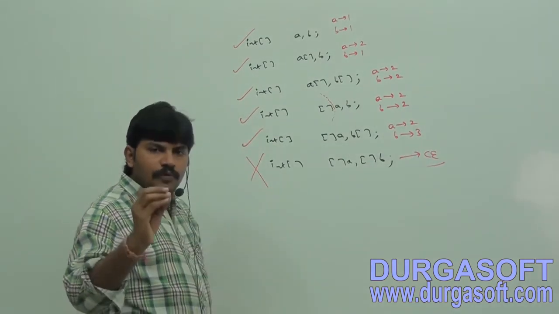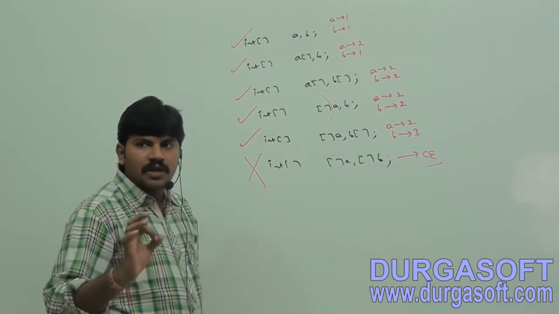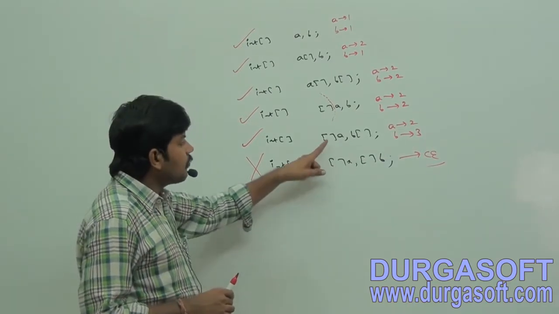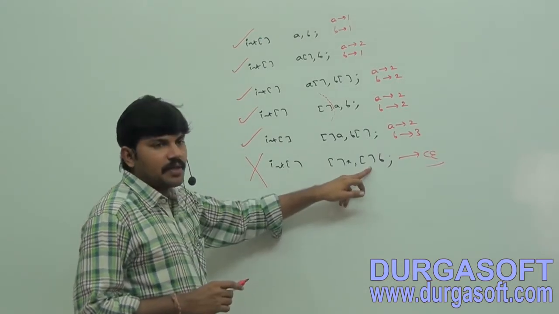That's why, if you want to specify the dimension before the variable, this facility is applicable only for the first variable. If you want to apply it for the remaining variables, you are going to get a compile time error.